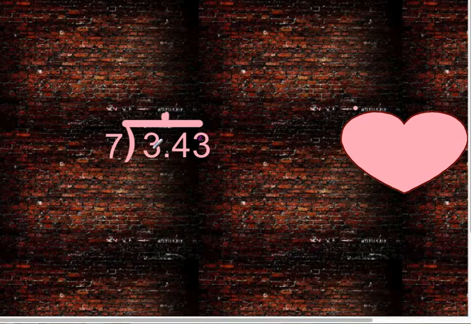Does 7 go into 3? Nope. Does it go into 34? Yes. How many times does 7 go into 34 without going over it? Well, 7 times 5 is 35. So 7 times 4 is 28. So I'm going to put that right here.